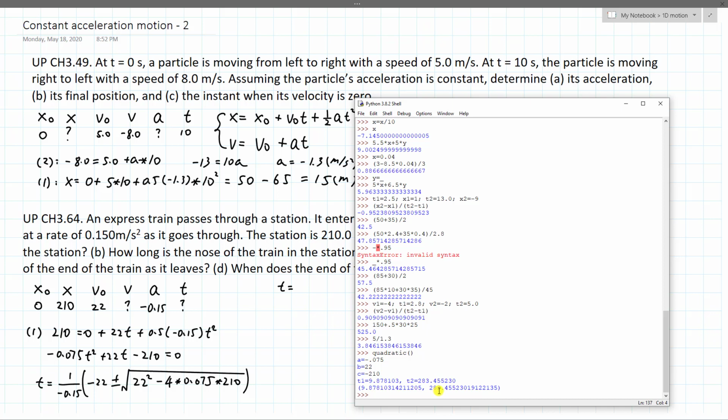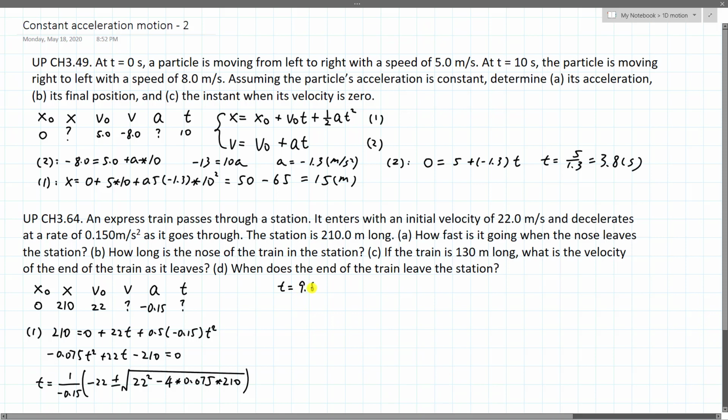So let's write them both down and try to reason through which one to keep. For the moment, let's keep 3 decimal places because most of our numbers are 3 decimal places. So 9.88, 283. These are both in seconds.